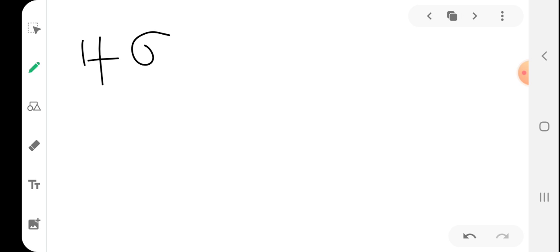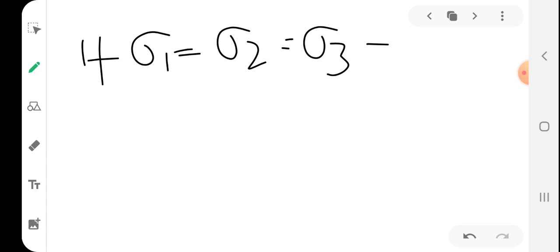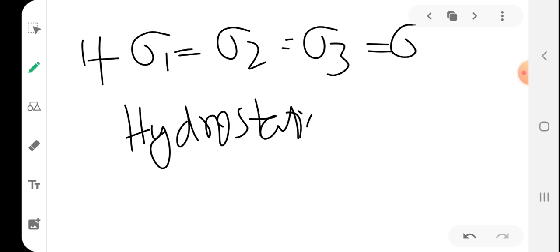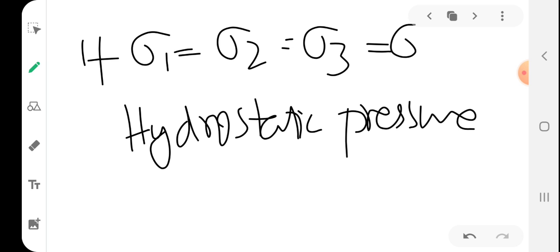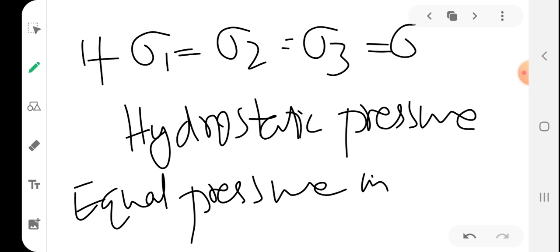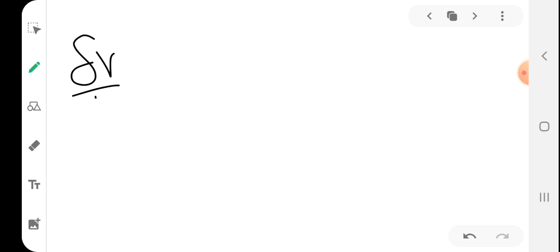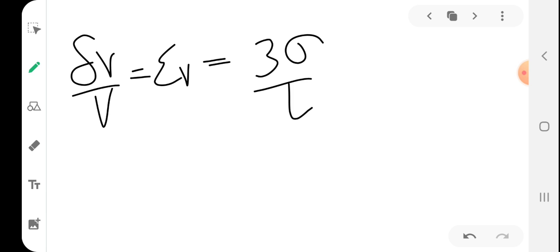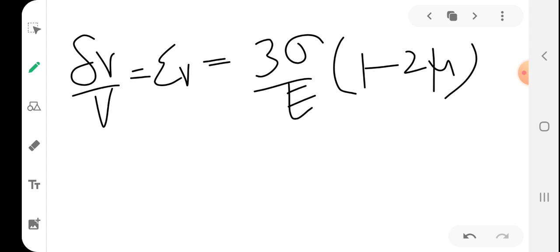So if sigma 1 equal to sigma 2 equal to sigma 3 equal to some sigma, all the perpendicular normal stresses are equal, such a case is hydrostatic pressure. Equal pressure on all sides. In such a case, delta V by V or epsilon V, the volumetric strain, can be written as 3 sigma by E into 1 minus 2 mu, because sigma 1 plus sigma 2 plus sigma 3 has become 3 sigma.